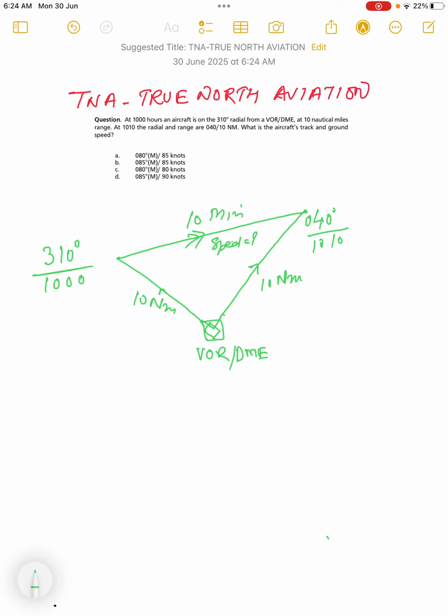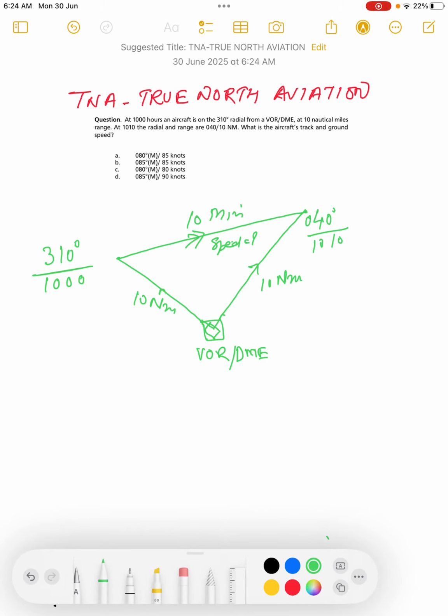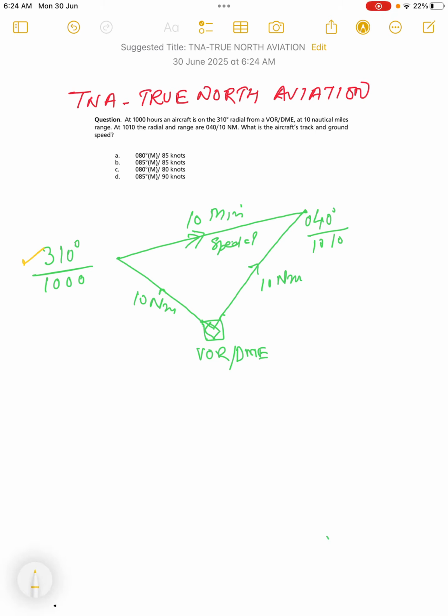Okay, let's find the angles. This radial is 310, so this angle, this is the 360, or 0 degree north.